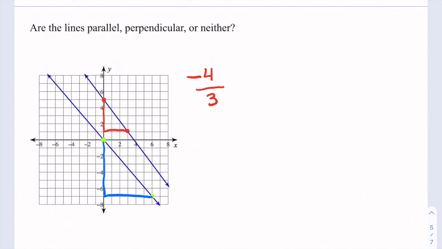It's going down 1, 2, 3, 4, 5, 6, 7. So it's going down 7 over 1, 2, 3, 4, 5, 6. Okay, these are not the same. If they had been the same, they would be parallel. But since they're not the same, these are neither.